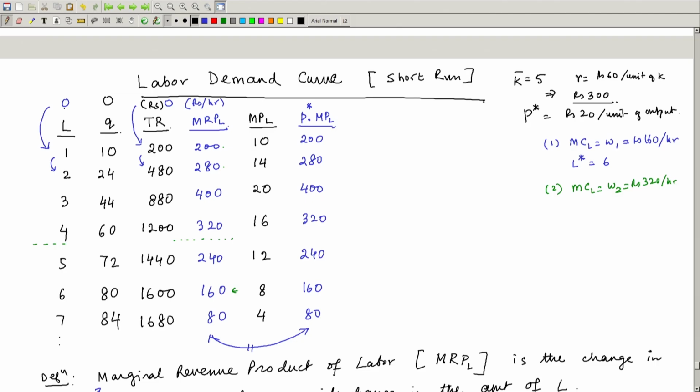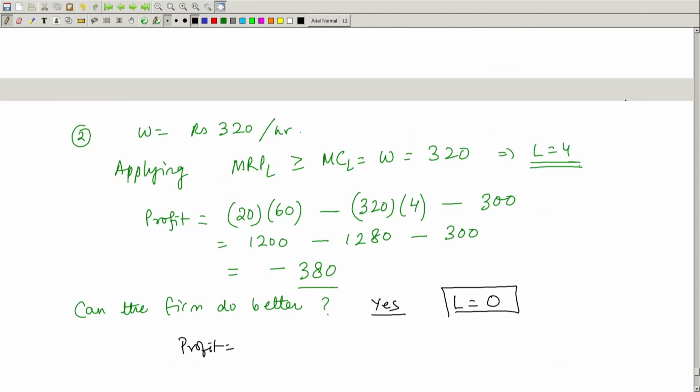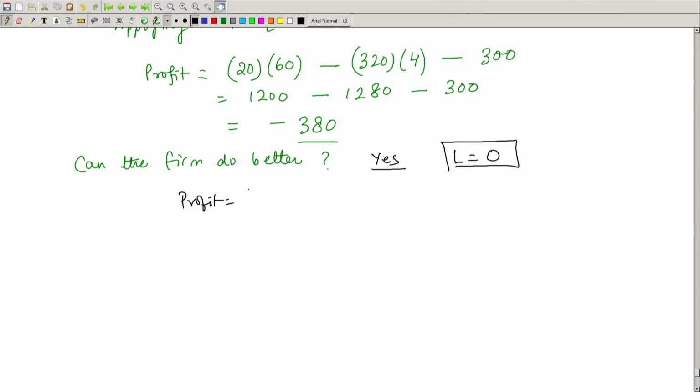If I do not hire at all, the output that I produce is 0. Even though I am selling it at 20, my revenue is going to be 0. My cost of labor would be 0 because L is 0. All I will be stuck with is the fixed input, which is the amount of capital. So, my profit would be the revenue, which is 0, minus the cost of labor, which is 0, minus the cost of capital, which is 300, which is minus 300.